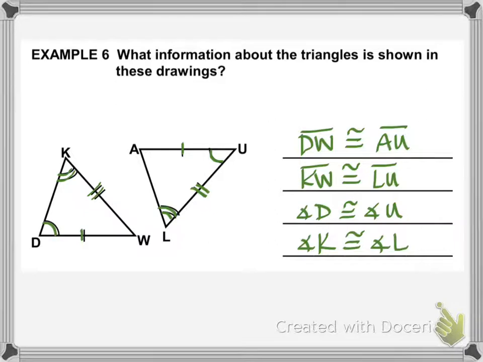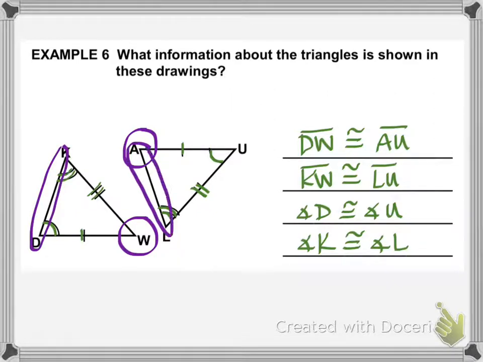Now if you look at these triangles though, even though they have some congruent parts, we can't say the triangles themselves are congruent because I don't know anything about angles A and W. They might be congruent. And I don't know anything about KD's length and AL's length.